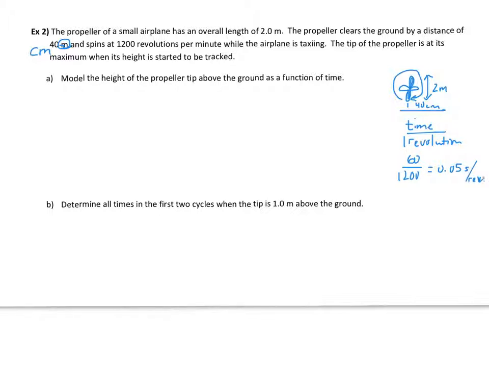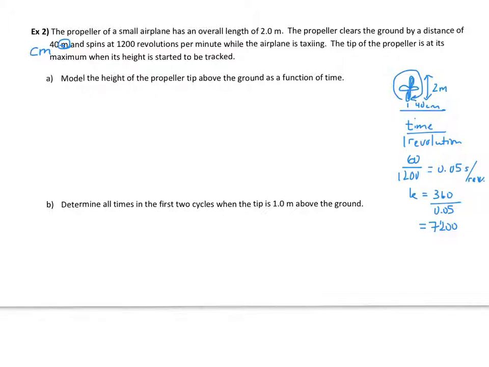Now, that is the period. To get the k value, we have to take 360 and divide it by the period. So 360 divided by 0.05 gives us 7,200. That's going to be my k value in my equation. Now the amplitude: we've got a diameter here of 2 meters.